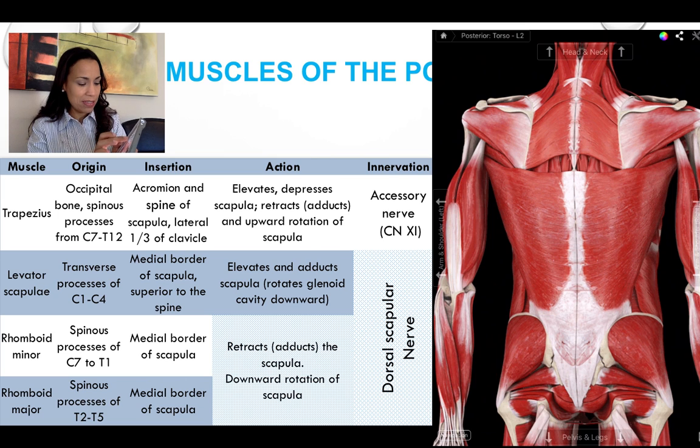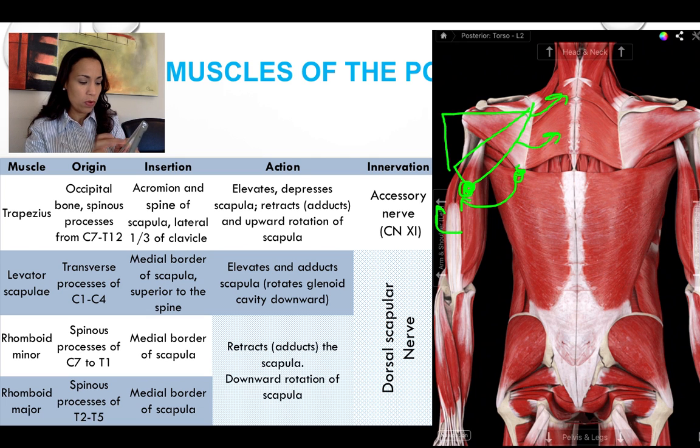If I have the scapula in here, okay, so it's elevated, the arm is abducted, and the inferior angle of the scapula moved from here to here. To bring it down, that's a downward rotation of the scapula.